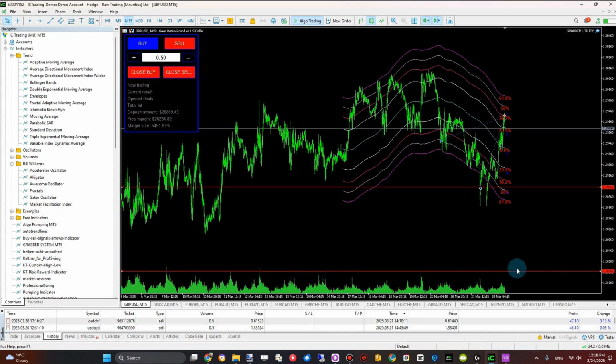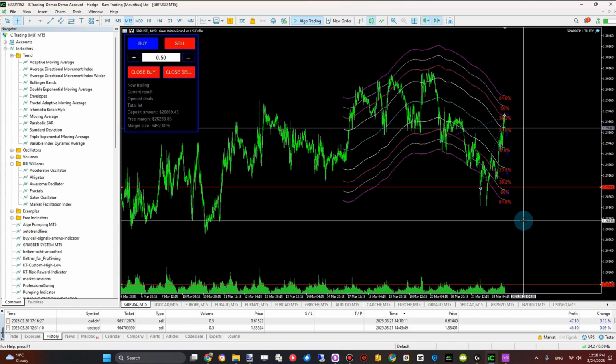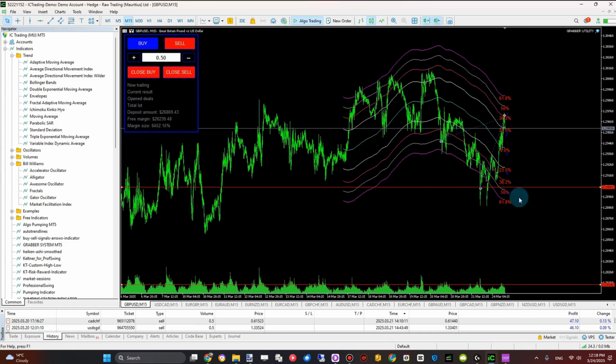If the price reaches all the way here, it makes sense to average out. If the quotes continue to move further down, our trading drawdown will increase, and we need to average precisely when the quotes are turning around, which is approximately at the peak of their movement.